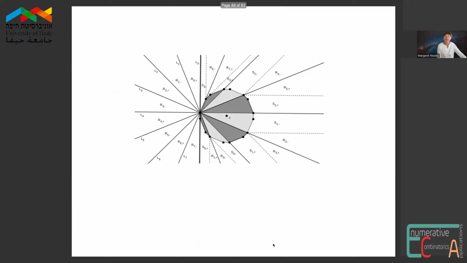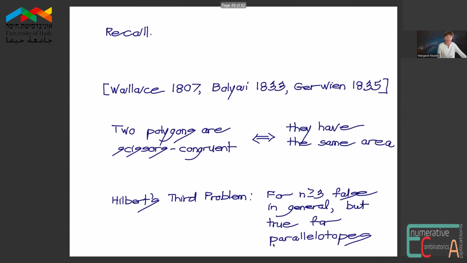You see pictures like this in our paper. This is sort of the pain, because remember, we're doing these dissection proofs.